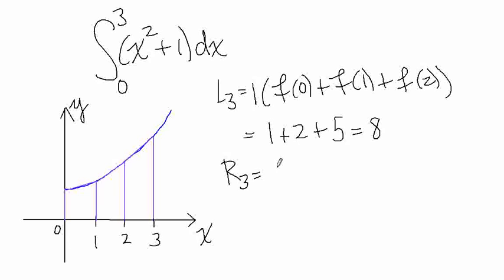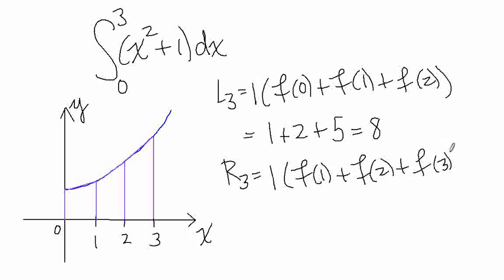Now, using the right side rectangle approximation method, I would get 1 times the sum of the function values with respect to the right side, so f of 1 plus f of 2 plus f of 3. That's equal to 2 plus 5 plus 10, which is equal to 17.